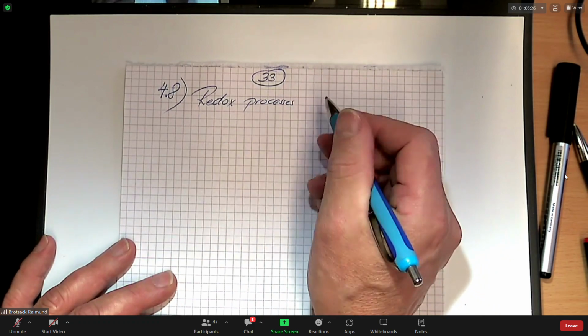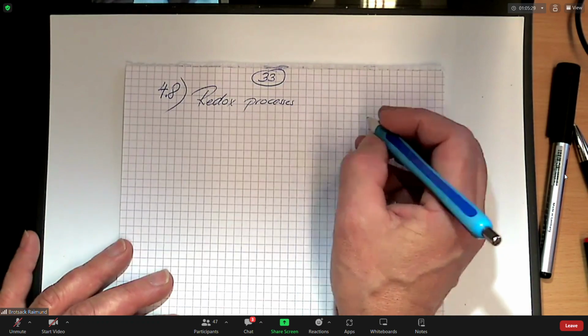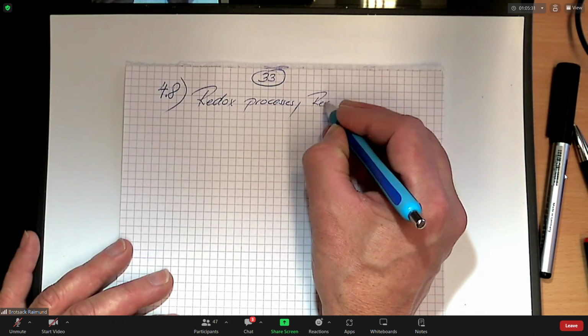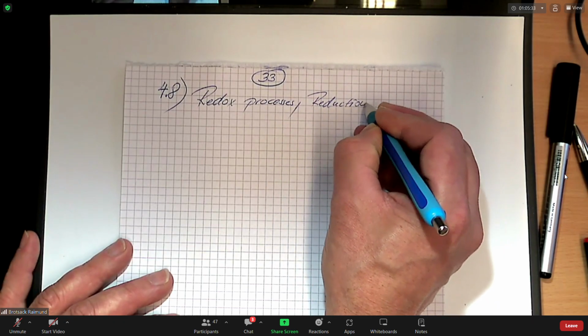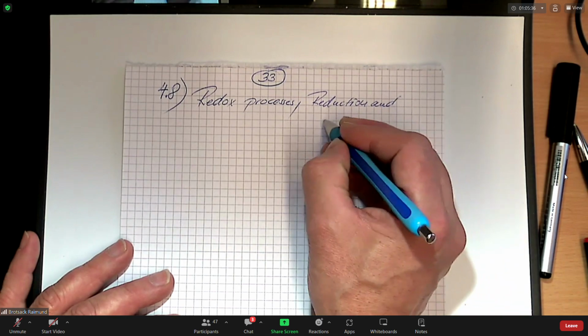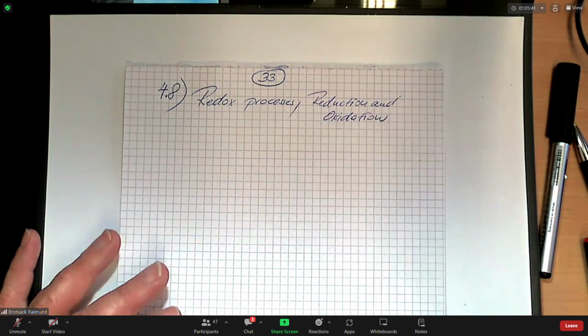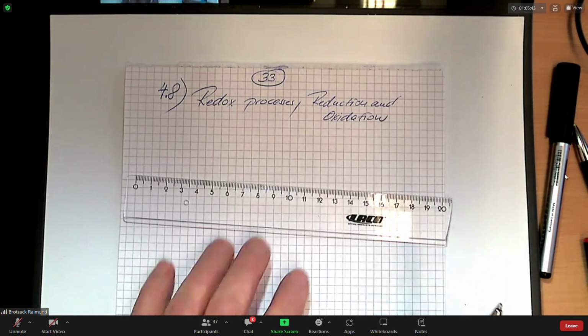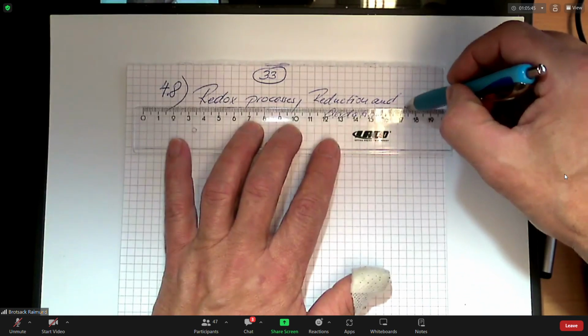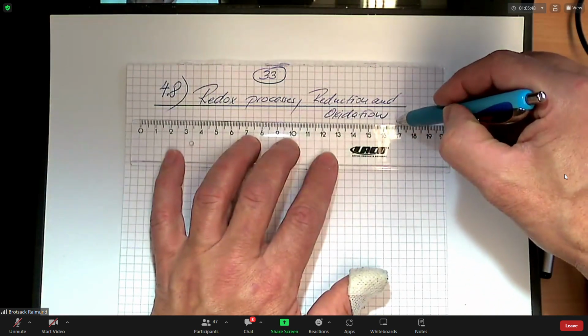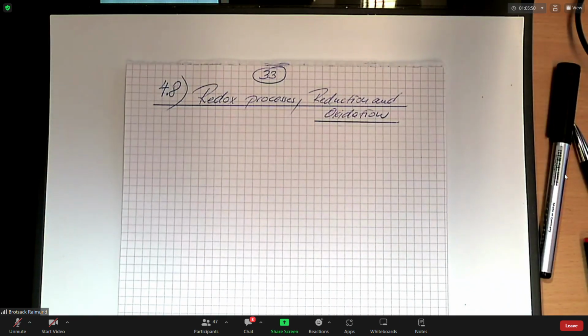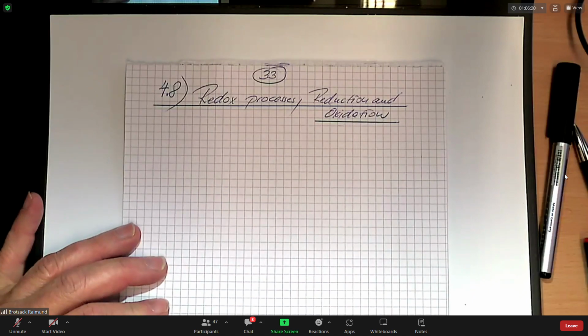Redox, what does redox mean? Do you know? It's reduction and oxidation. Well, I think you know what oxidation is.